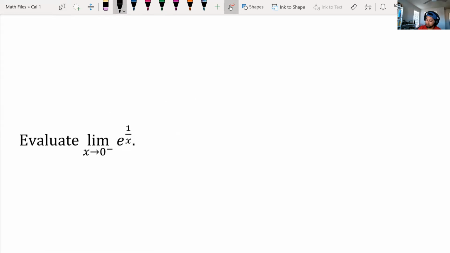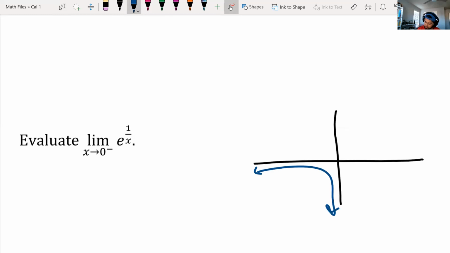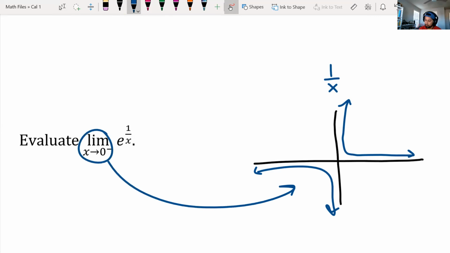So 1 over x looks like this. This is the graph of 1 over x. And now all we want to do is analyze this limit for this graph.